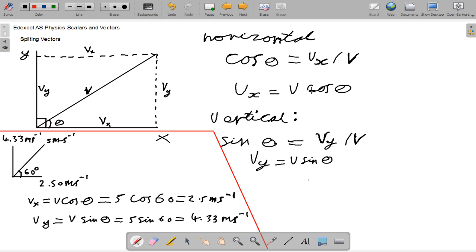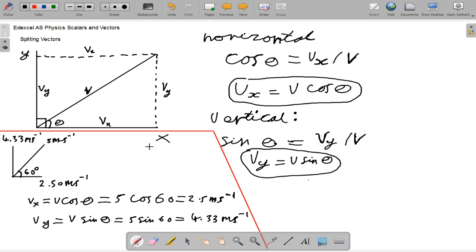We can then rearrange it to make Vx equal V cos theta, likewise for the y direction as well. So the two formulae you need to remember are Vx equals V cos theta and Vy equals V sine theta.